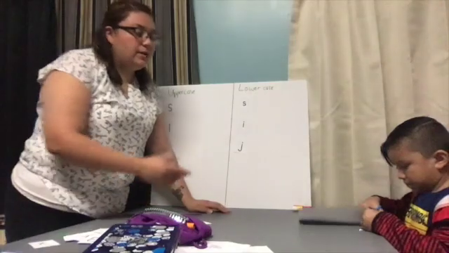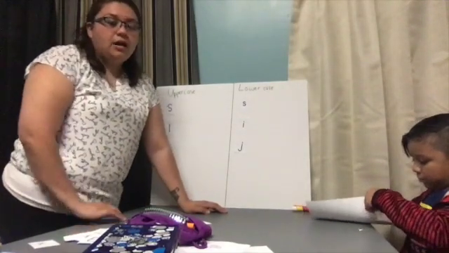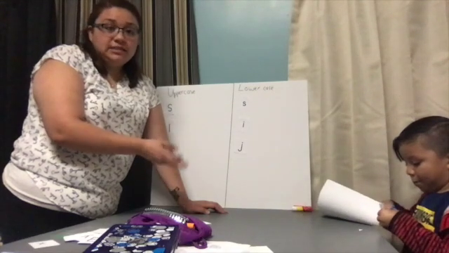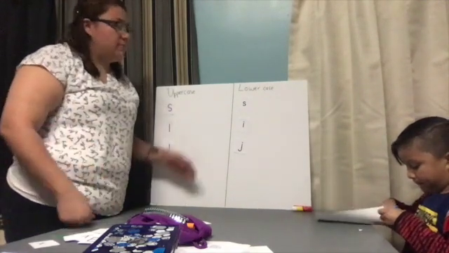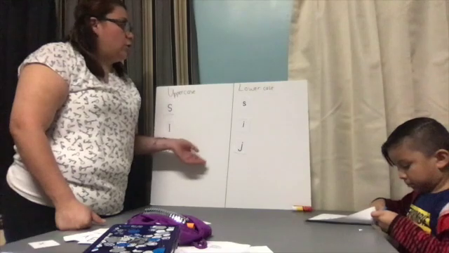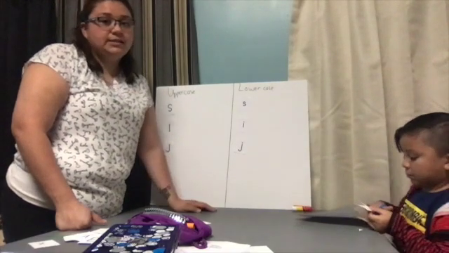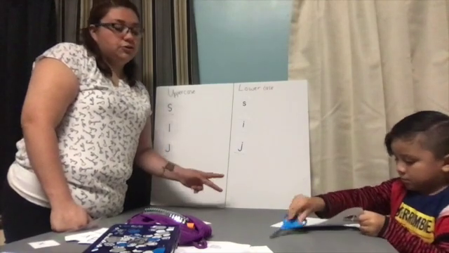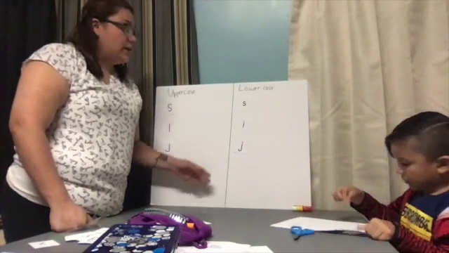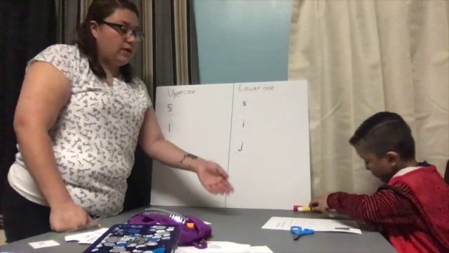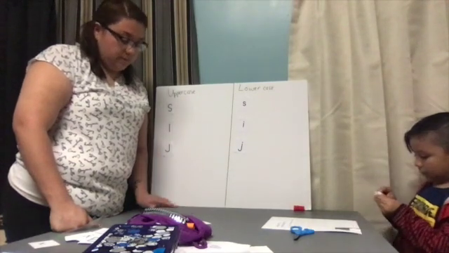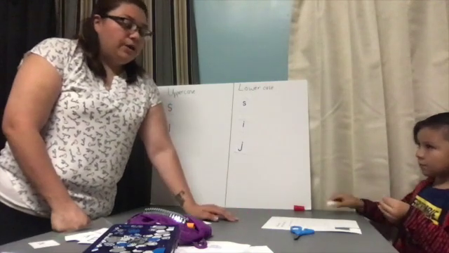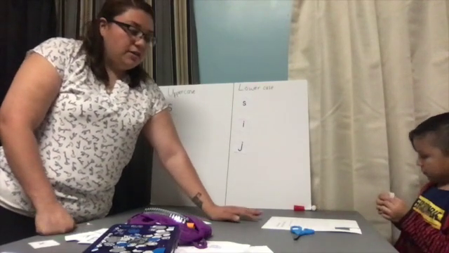Right now that he's doing the activity, going back to when I started, I identified the skill, telling him that we were going to learn about our uppercase and lowercase letters. And step 2, I explained the activity, telling him, okay, you're going to pair up the uppercase and lowercase letters on the individual work.